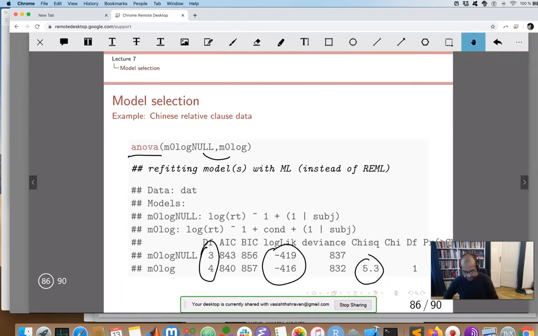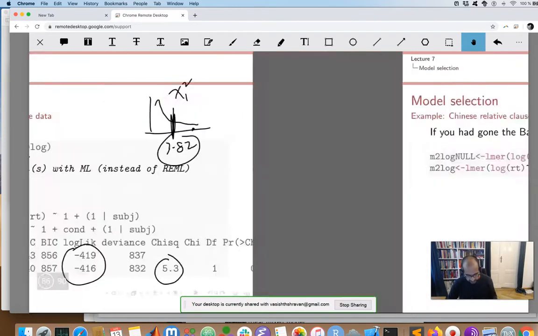As I told you earlier, in the chi-square distribution with 1 degree of freedom, the critical point is 3.82. Because 5.3 lies outside that point, I can now reject the null hypothesis and conclude that the effect of the relative clause is significant. So that's how I would report this.